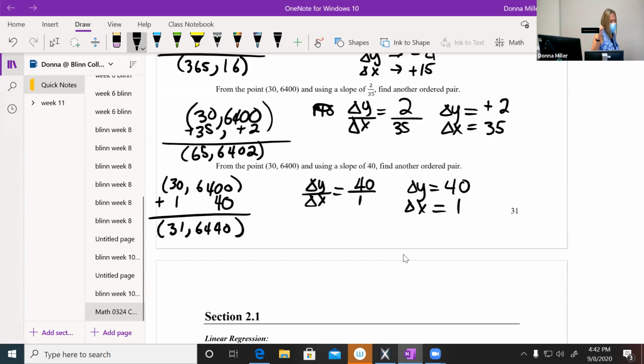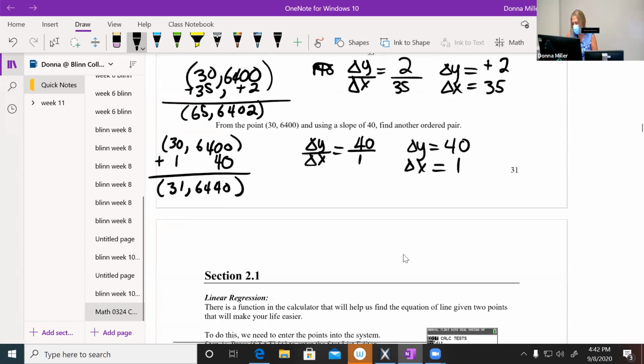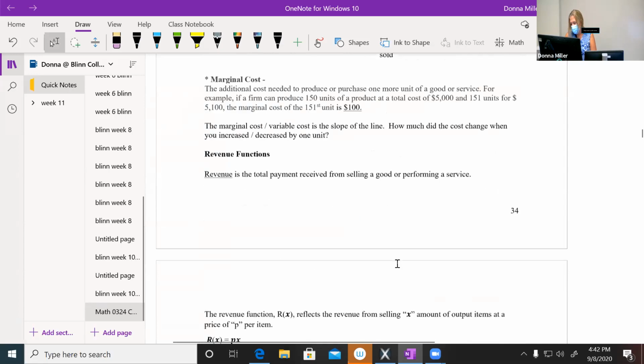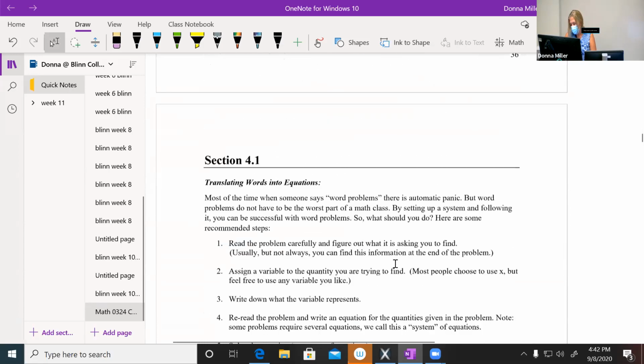Now we're going to switch up and we're going to talk about multiplying polynomials. That's the Math 224 step. I think it's like page 100.